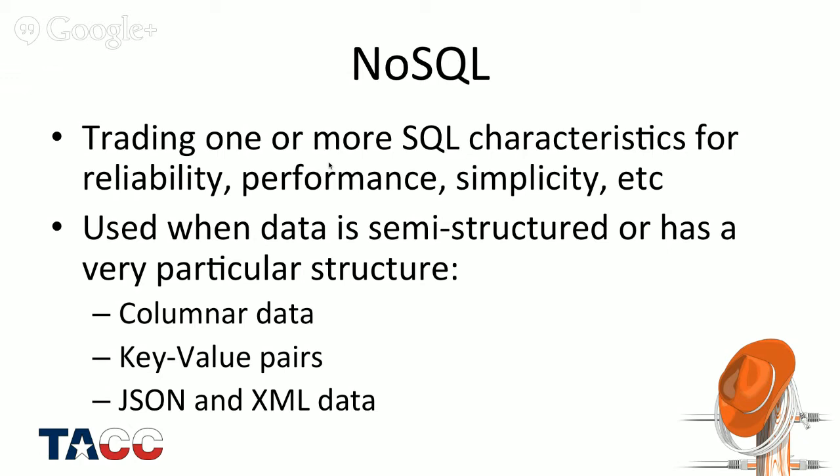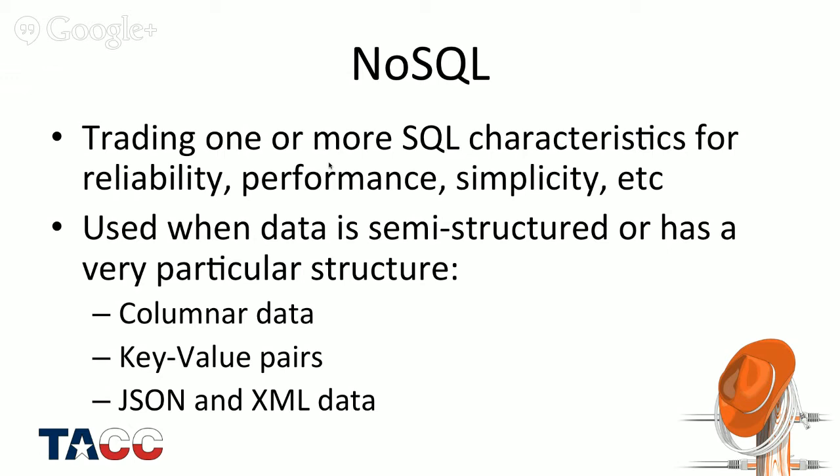And there's a few examples here of the kinds of data structures that you see. Columnar data, essentially, this is data where the way that you want to manipulate it and work with it is really more focused on the columns as opposed to the rows. So if all of your operations are going to be on all of the last names in the database, and that's really all you care about, rather than picking out a few last names, then the columnar store may be more efficient for you.